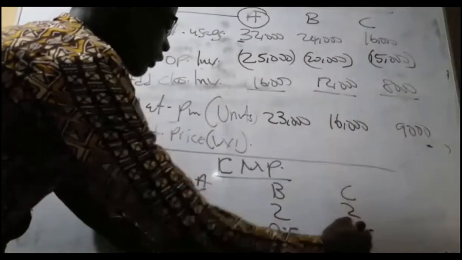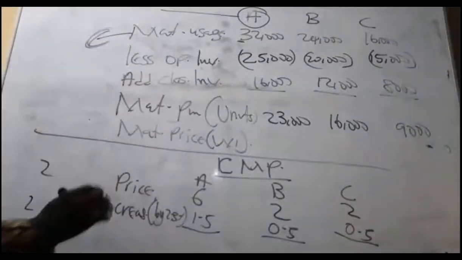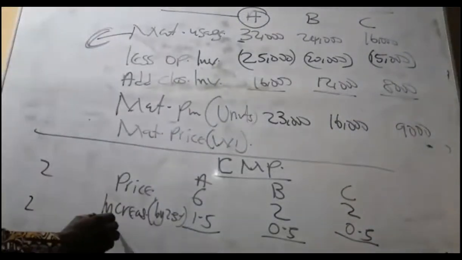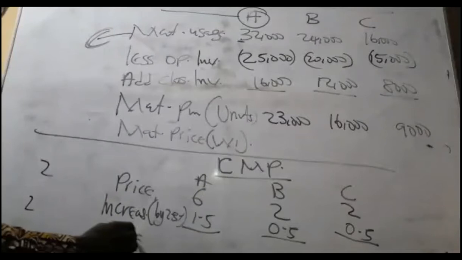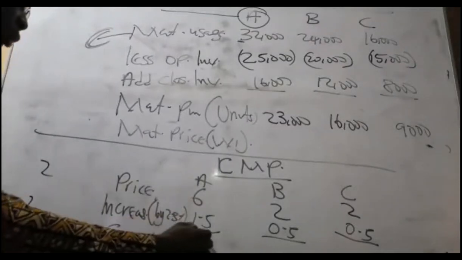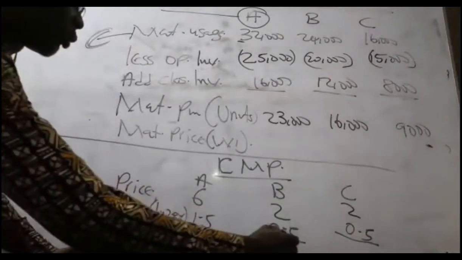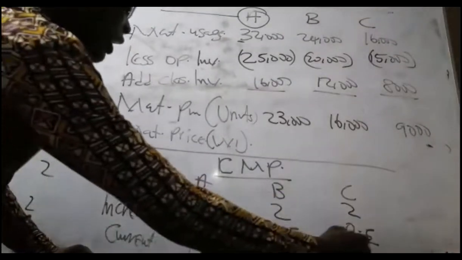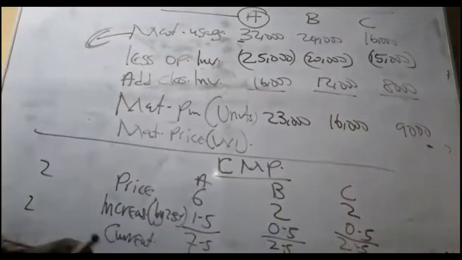Then we add, because the price is higher than this. So new price or current price, current prices, that will be 7.5, 2.5, and 2.5. That is all.